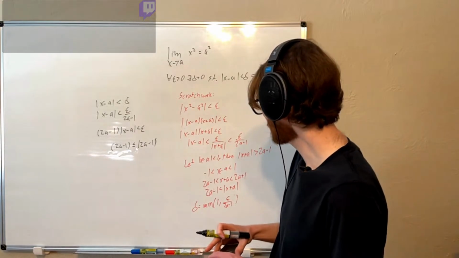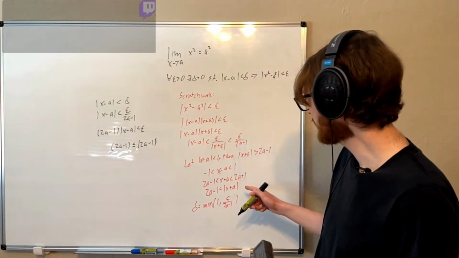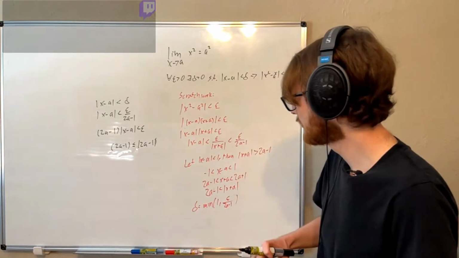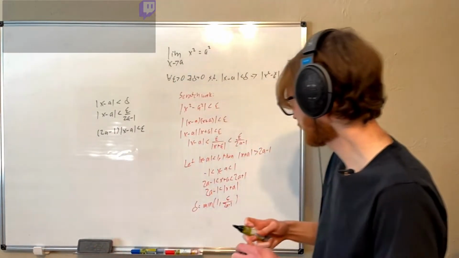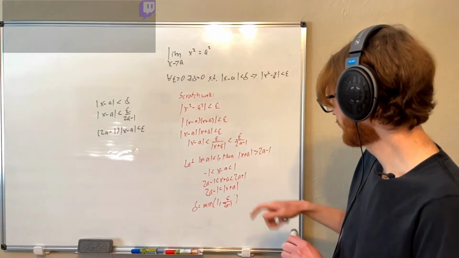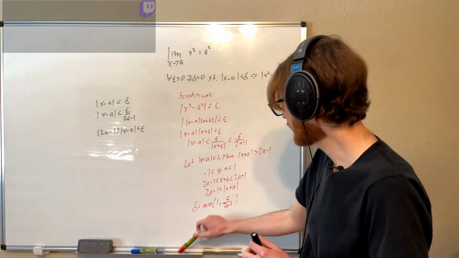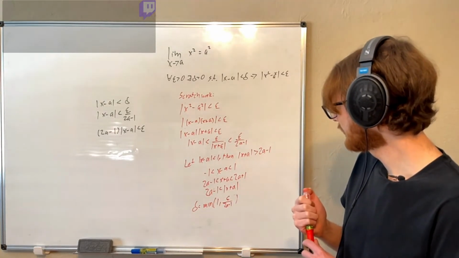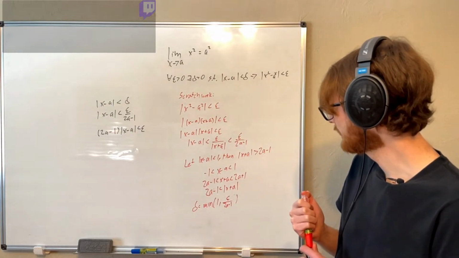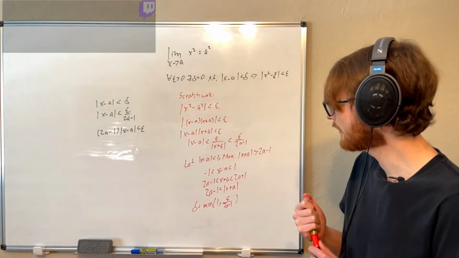Oh wait, should we keep it as absolute value 2a? We might want to. Yeah, because a can be negative here. Should we? No. How do we do that?